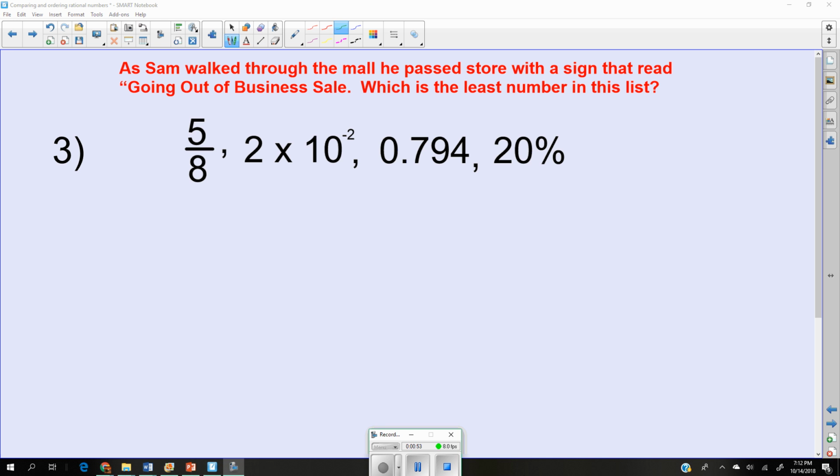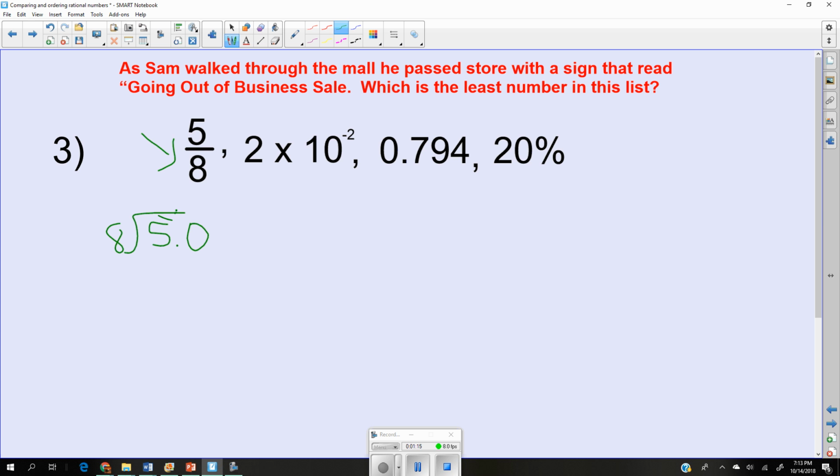All right, welcome back. We're going to start with the first one, which is the 5/8. So we have inside, outside. Now let's divide 8 into 50.